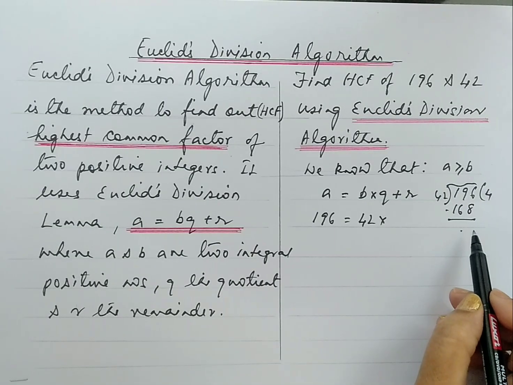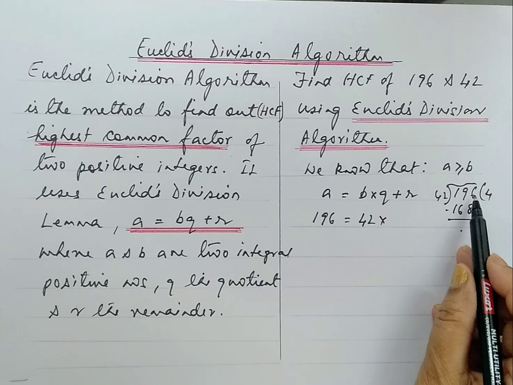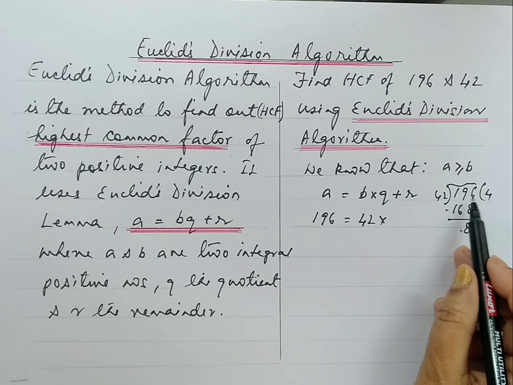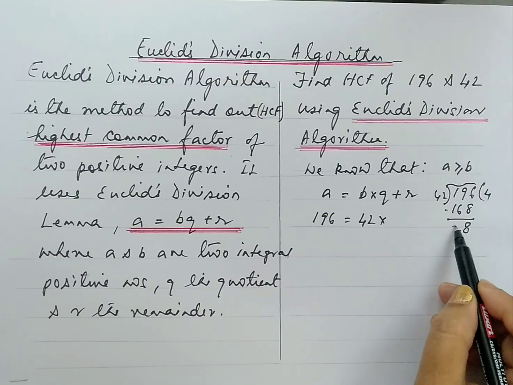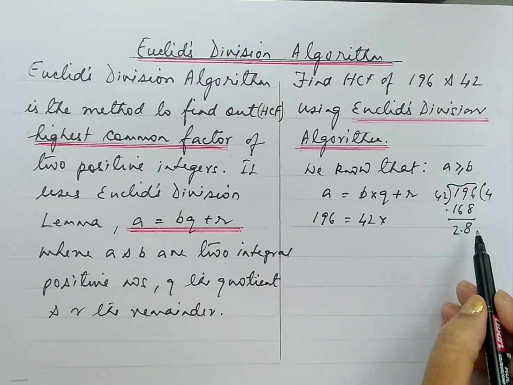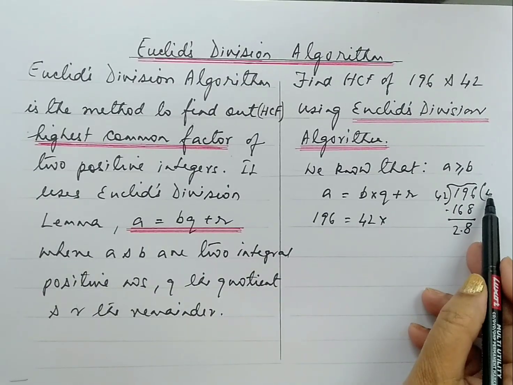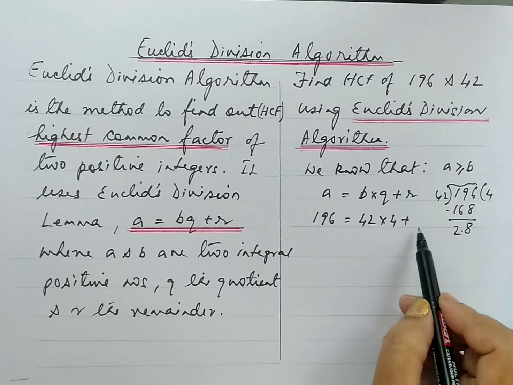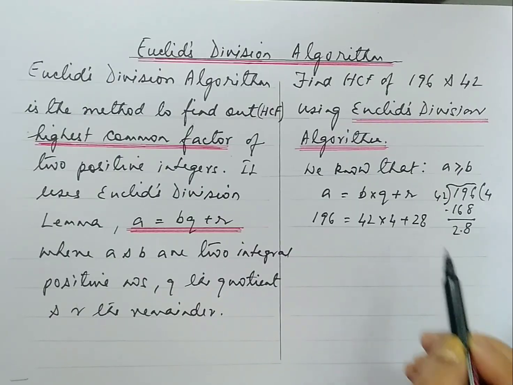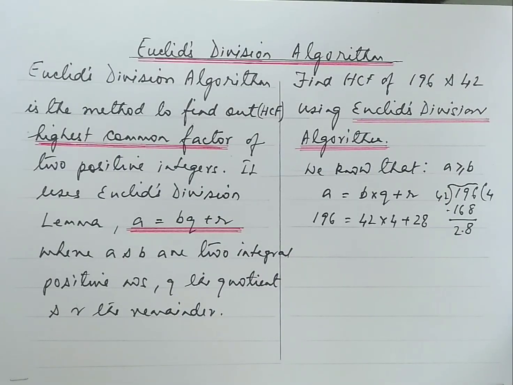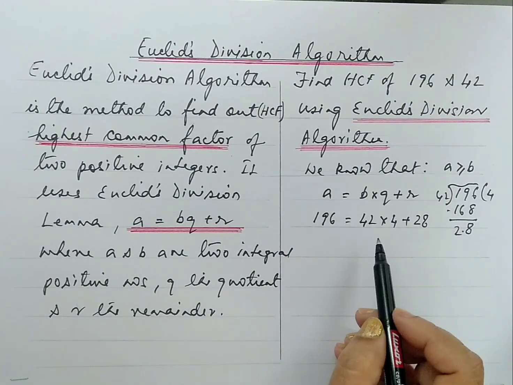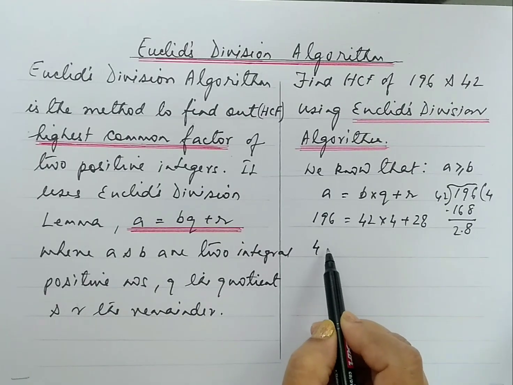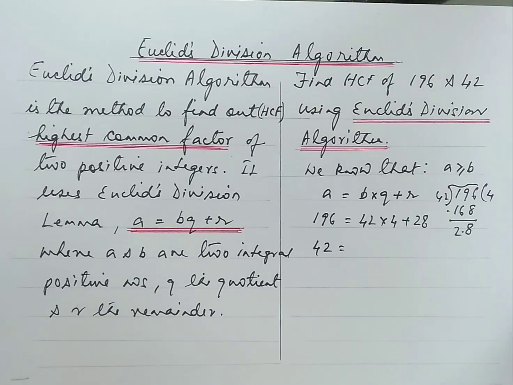We get a remainder, 16, 8, carry 1, so you get 28. This is our first remainder. So we write the quotient here plus the remainder 28, correct? This is very interesting: this divisor 42 comes and takes the place here in the next step.